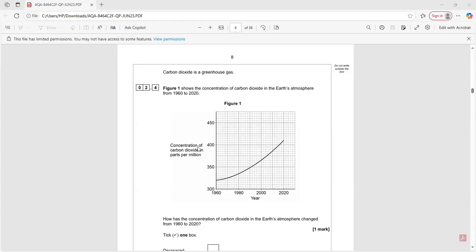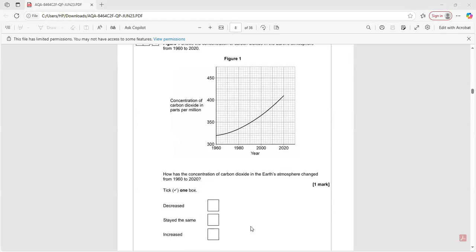Okay, so the y-axis has the concentration of carbon dioxide in parts per million, and we have the year on the x-axis, which is the independent variable. So the question is this: how has the concentration of carbon dioxide in the Earth's atmosphere changed from 1960 to 2020?